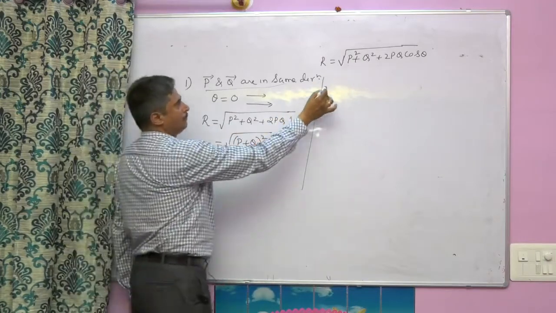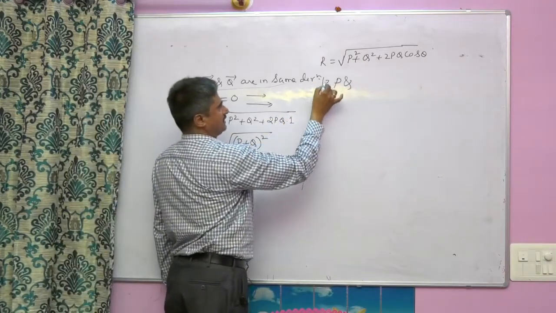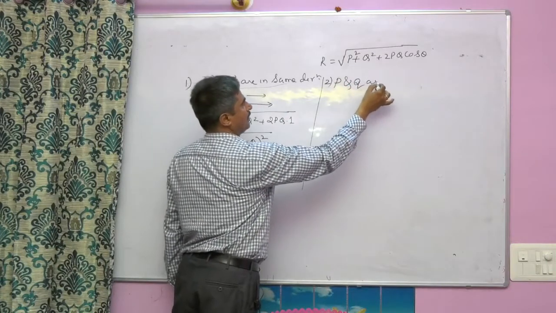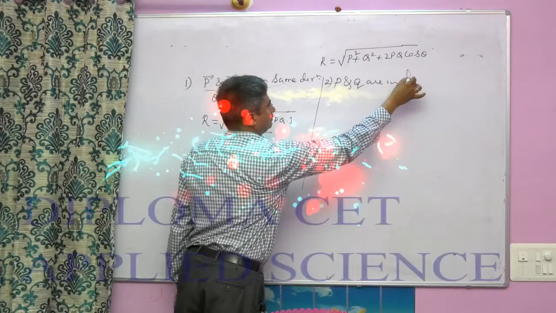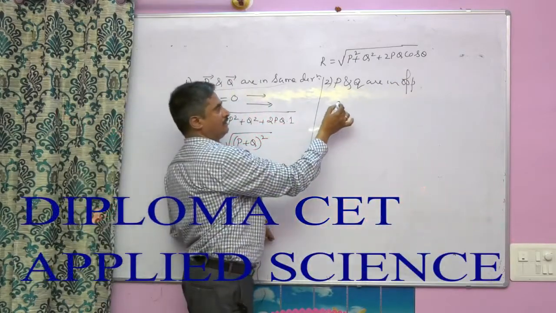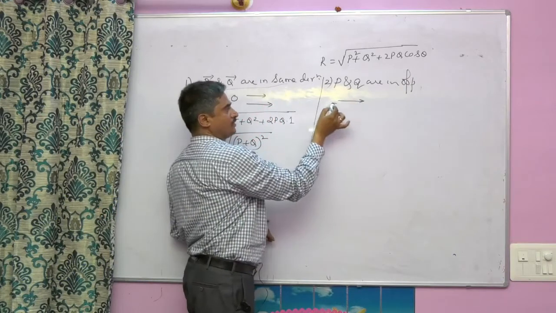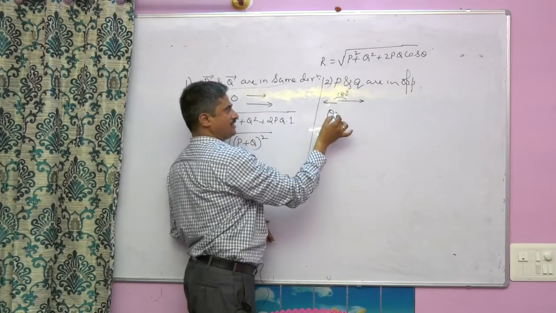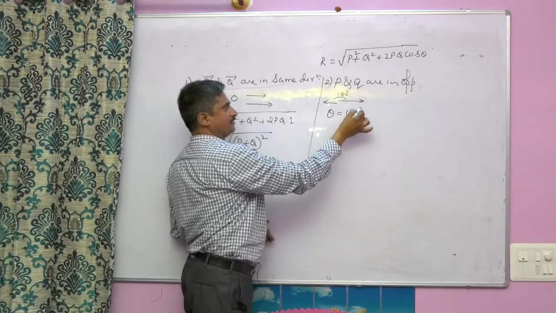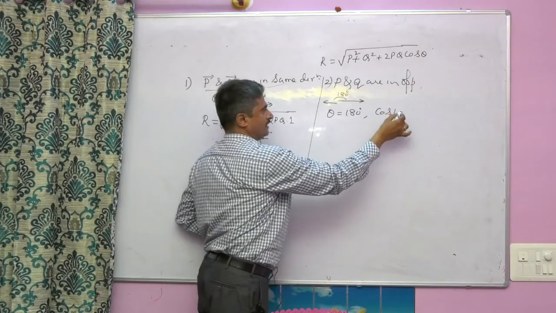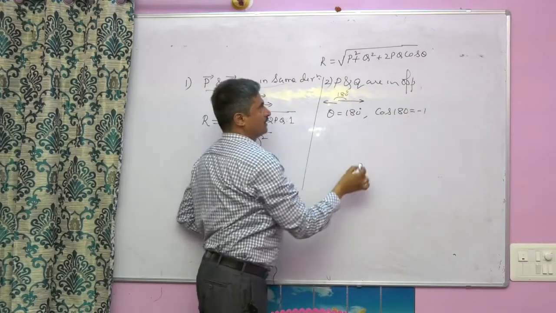Case 2: P and Q are in opposite direction. If P and Q are in opposite direction, what is the angle? 180 degree. Therefore, theta is 180 degree. Cos 180 is minus 1.